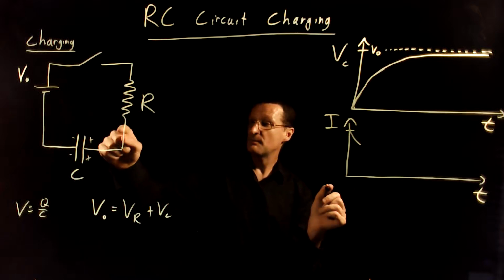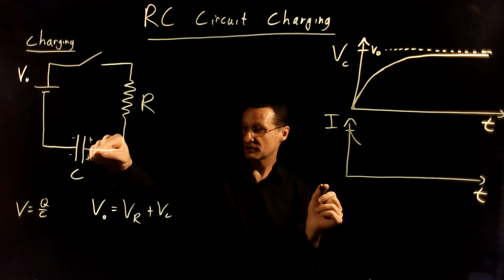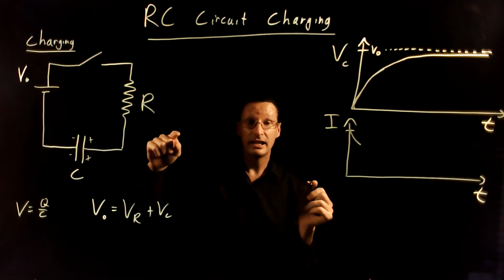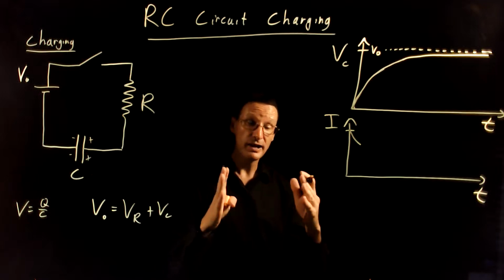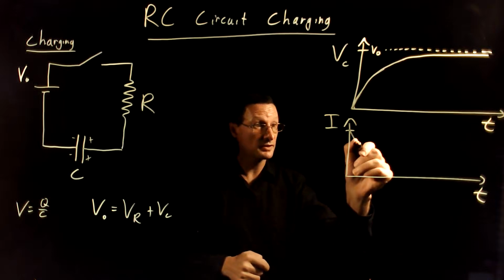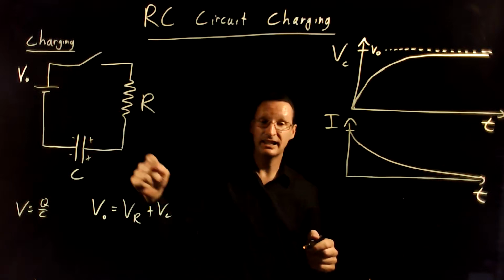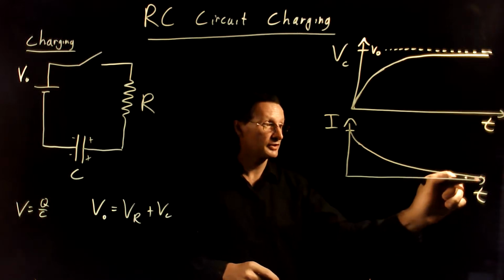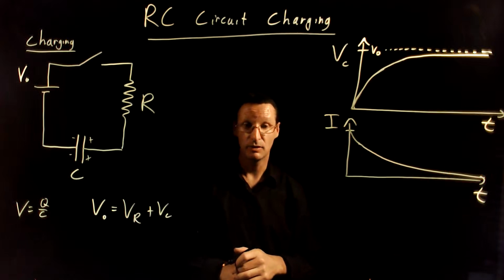And after a long time, it's really, really hard to get any new charges to go on there, and so it takes a long time to get any charge to move. The rate at which the charges are flowing, that is the current, is very small. So the current decreases over time. And eventually you cannot get any new charges to go, and the current will be 0, right? So the current asymptotically approaches 0 over time.